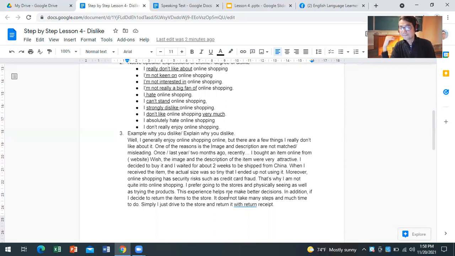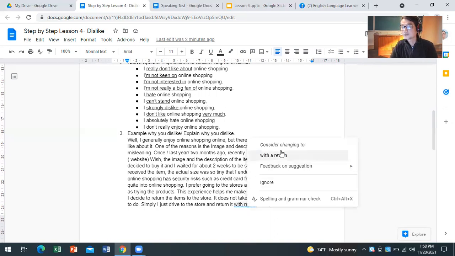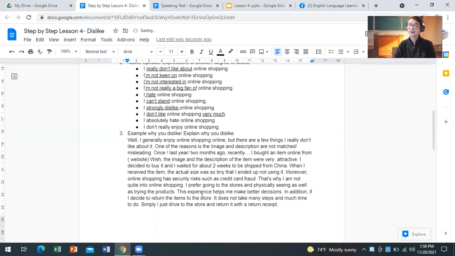And if you decide to return it, it's easier for you than buying items online, where it takes a lot of time with the return receipt. Okay, so I hope you understand this.